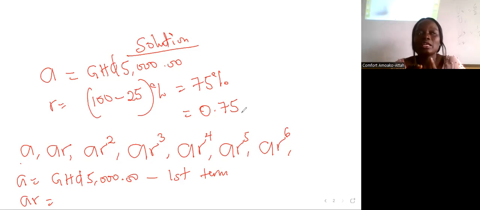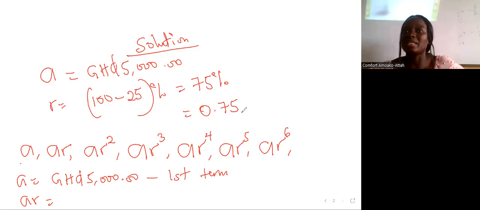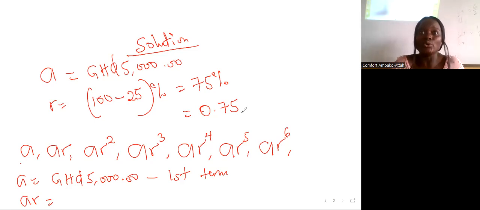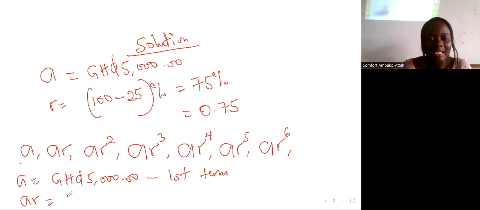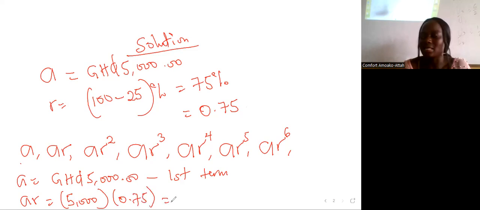The question didn't ask us to find the sum, but the value. If we were asked to find the sum, we would have used that formula. But in this expression, we are just finding the value. You get it? Good. So this becomes our first term, 5,000 times our common ratio, 0.75. So punch it and tell me the answer we are getting. 3,750 Ghana cedis. All right, so this is our second term.